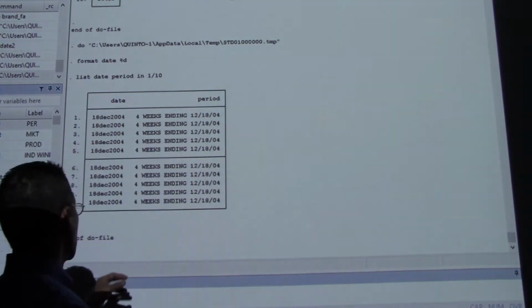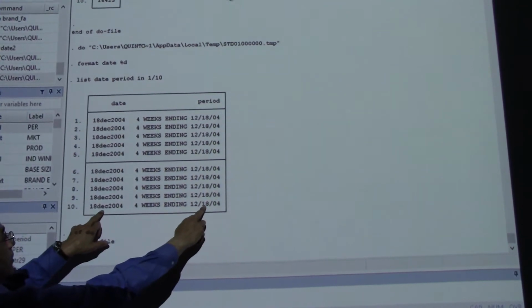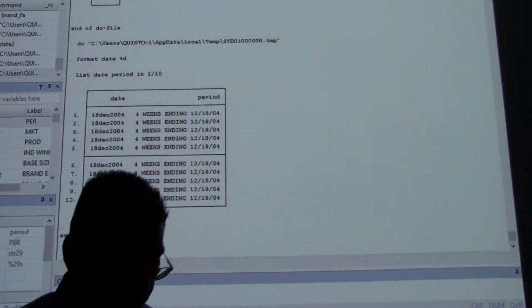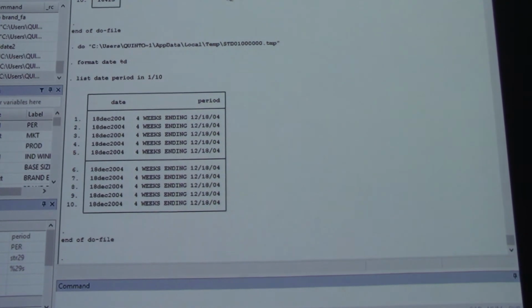They're formatted a little bit differently, but we can see that 18th of December 2004, at least the first ones are right. We should probably check the last ones too.